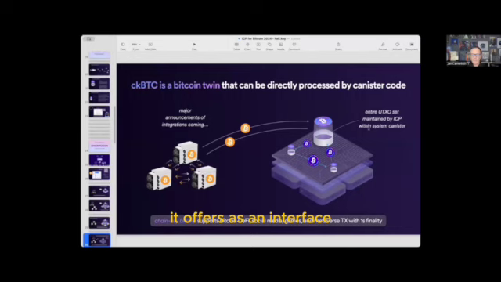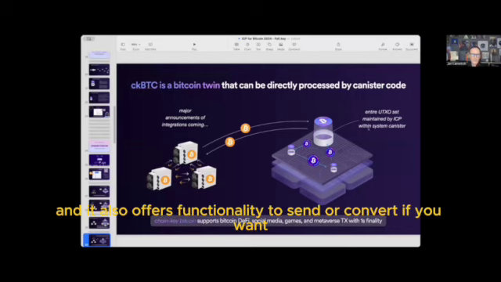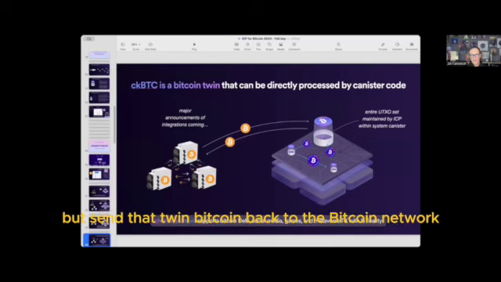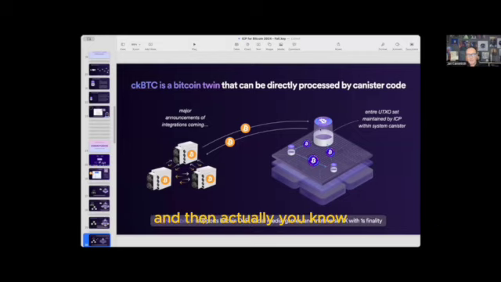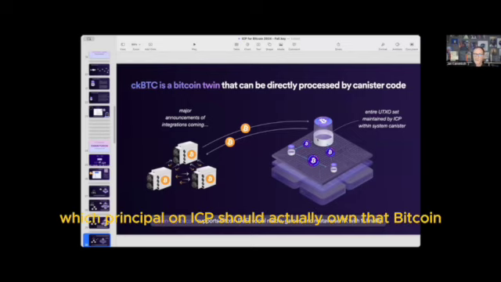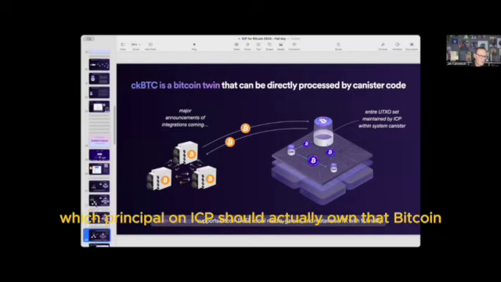It offers as an interface a ledger, and it also offers functionality to send or convert that twin Bitcoin back to the Bitcoin network, or if you're on Bitcoin, you can also send it to the smart contract, and when you do this, you also say which principal on ICP should own that Bitcoin.